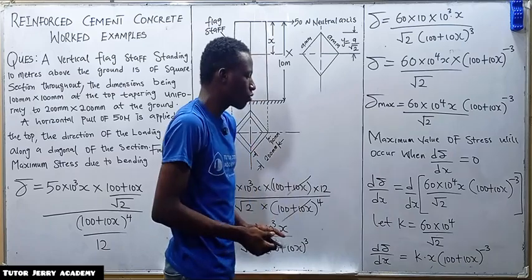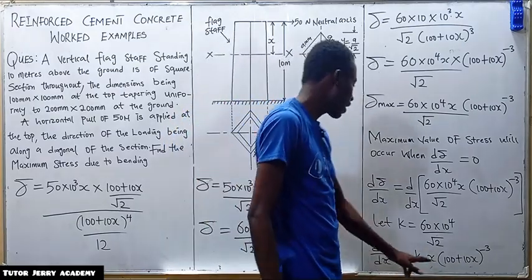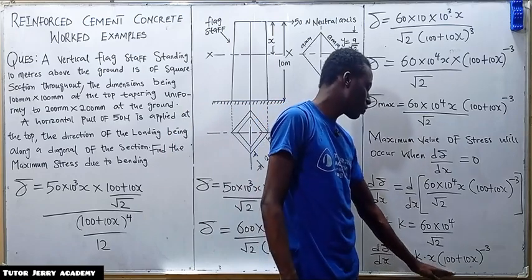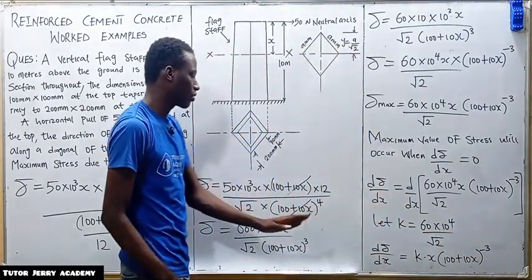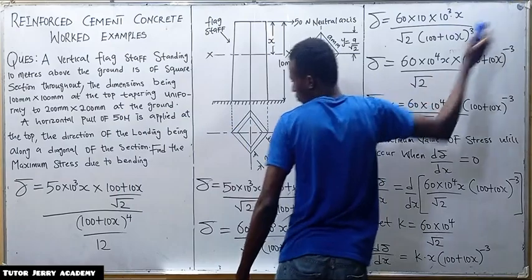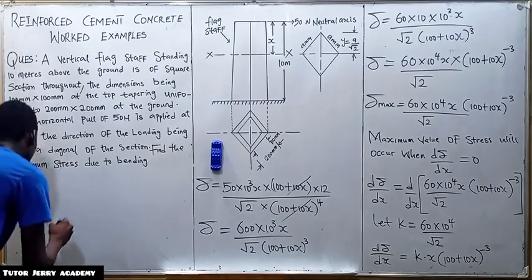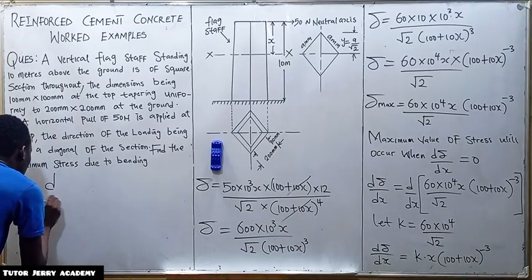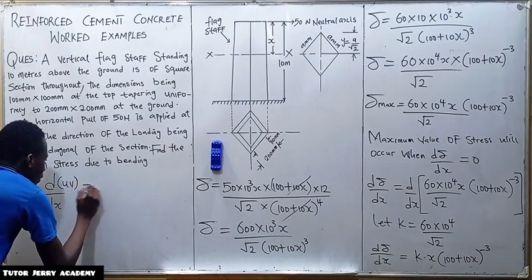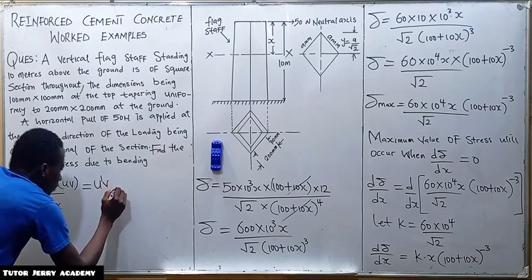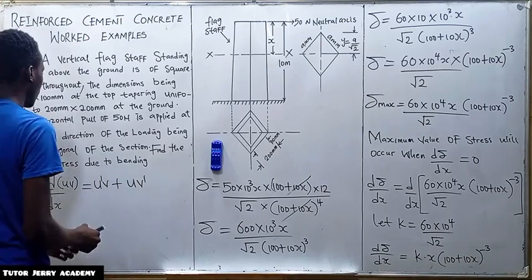I am going to be using the product rule to differentiate x into the bracket of (100 plus 10x) to the power of minus 3. So that's what we are going to be doing here. d over dx of uv equals u prime v plus u v prime.